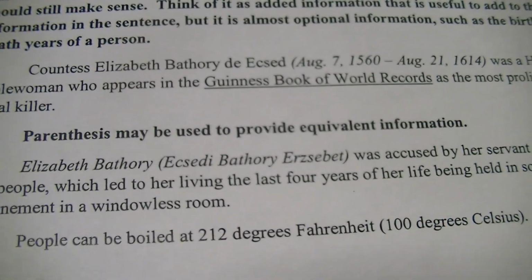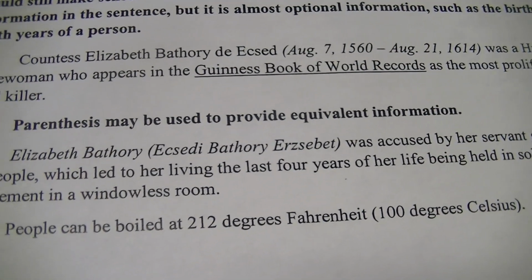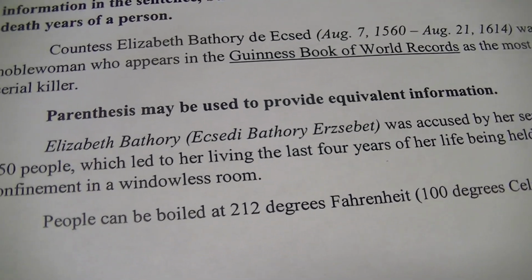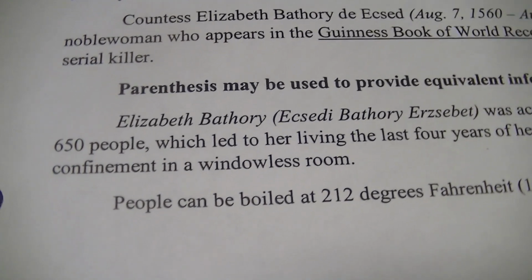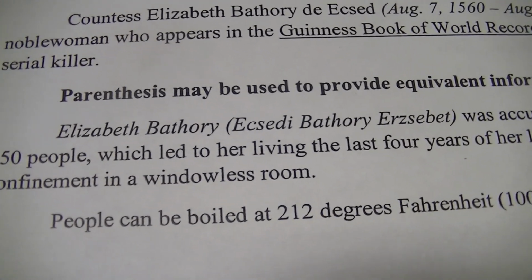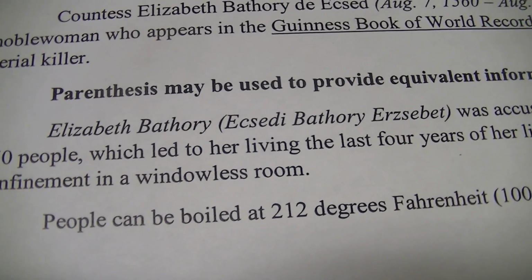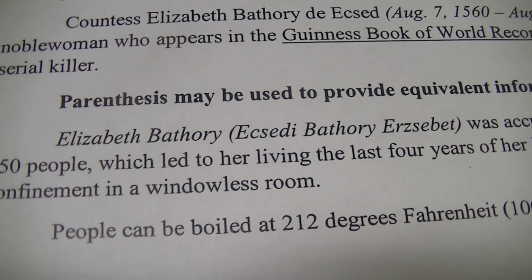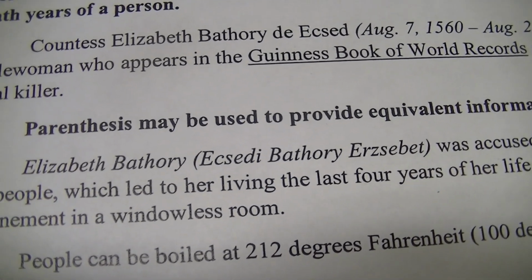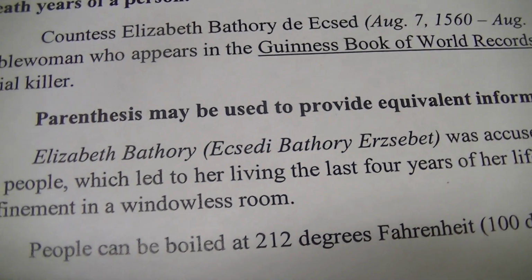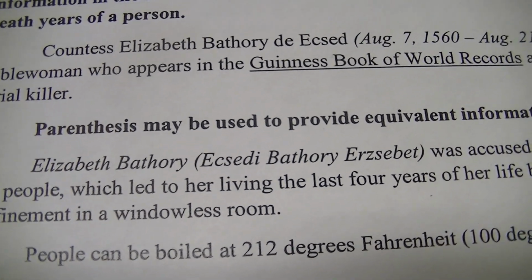All right, it says parentheses may be used to provide equivalent information. In this first example, we're going to give the equivalent of how her name is in Hungary. We would call her Elizabeth Bathory. That's how most people know her. But her real name, Hungarian, is Báthory Erzsébet. That's why I have it in parentheses here.